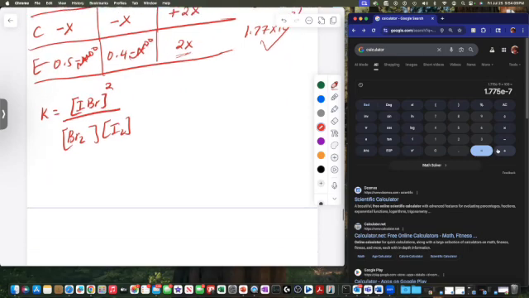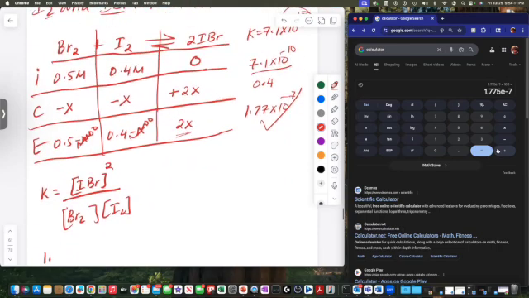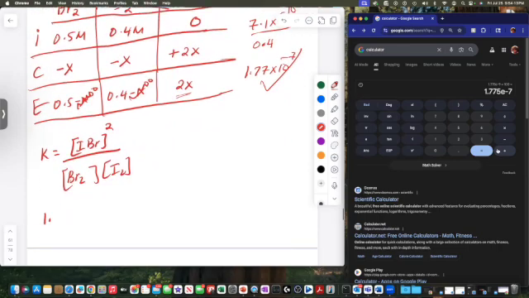So for here, when you plug in the numbers, oh, no. Plug in the original K. 7.1 times 10 power negative 10 is equal to 2x. We're going to square this number divided by 0.5 divided by 0.4, right?